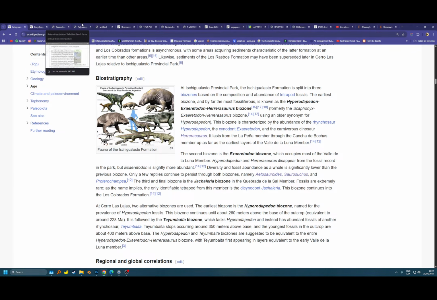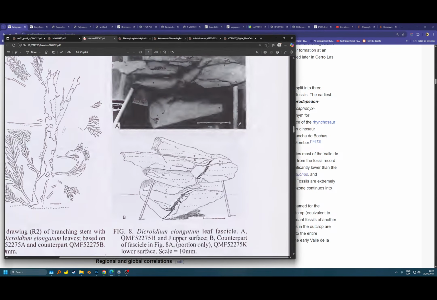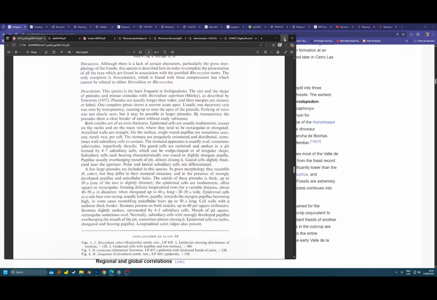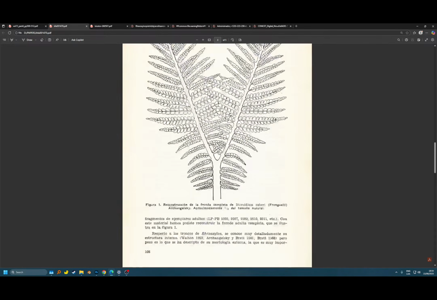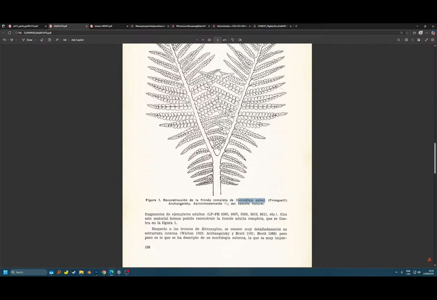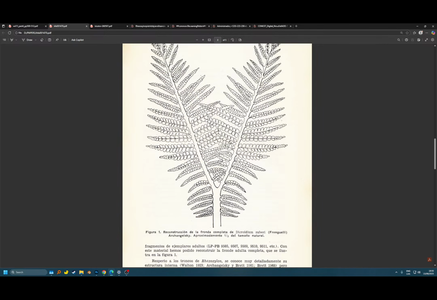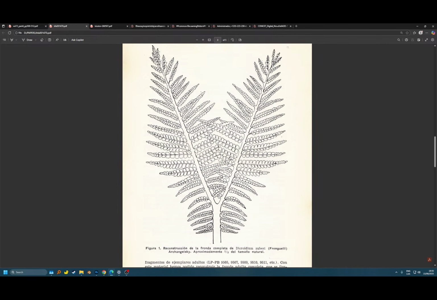So the first reconstruction of these kind of plants was actually this one. This is a Dicroidium zuberi. Dicroidium zuberi is, or Zuberia, it's a synonym.